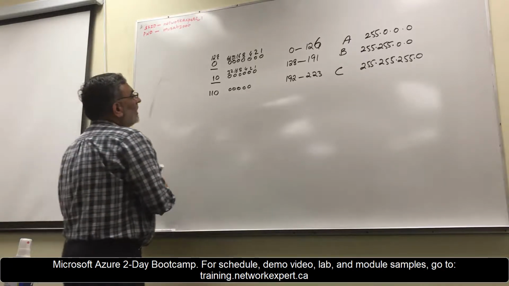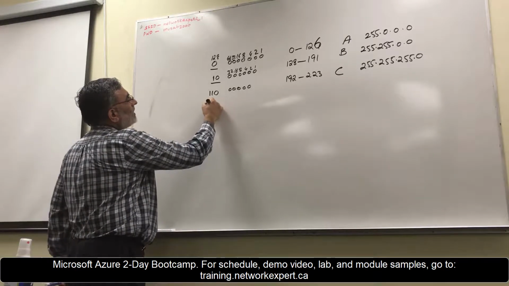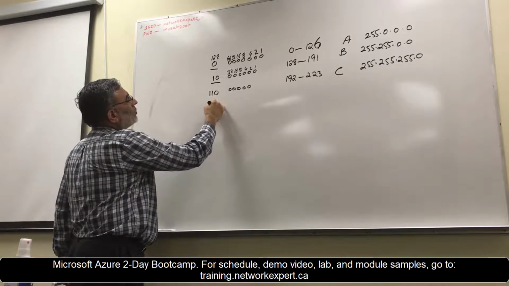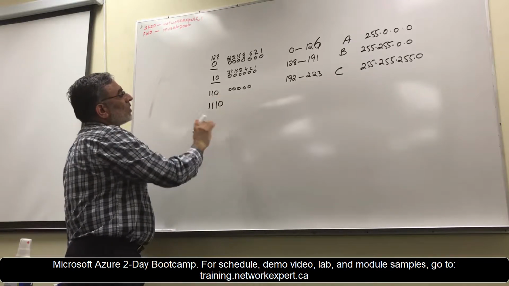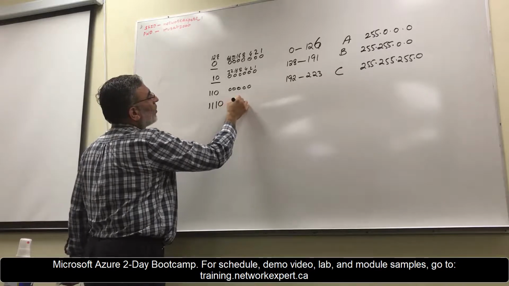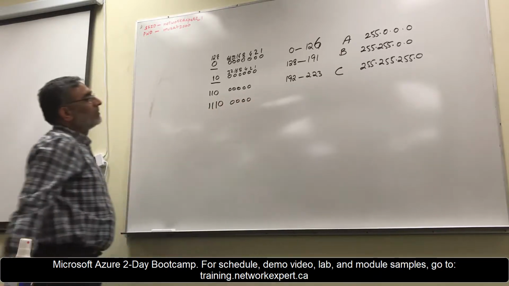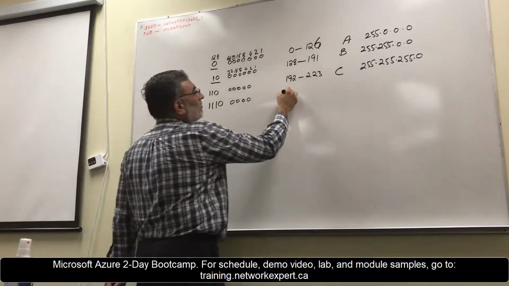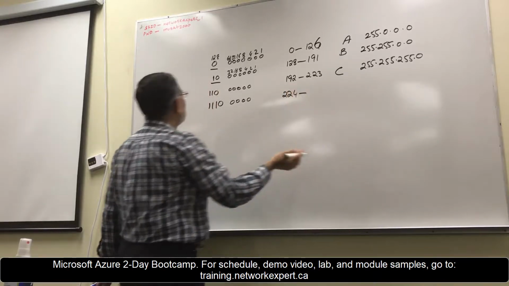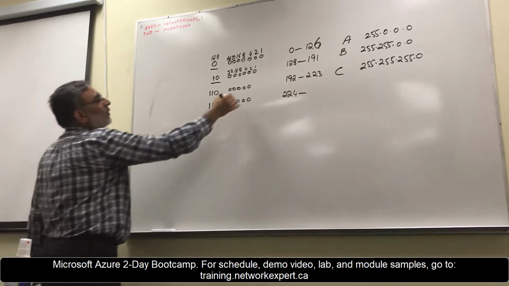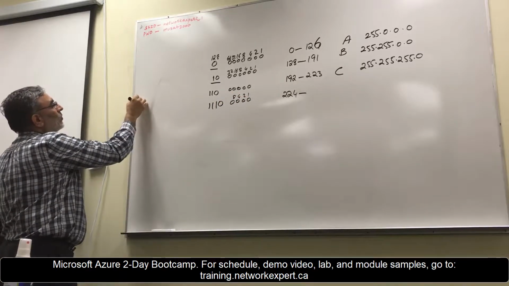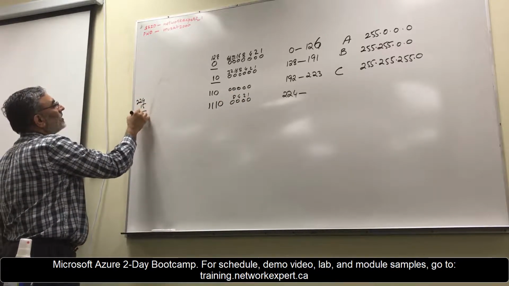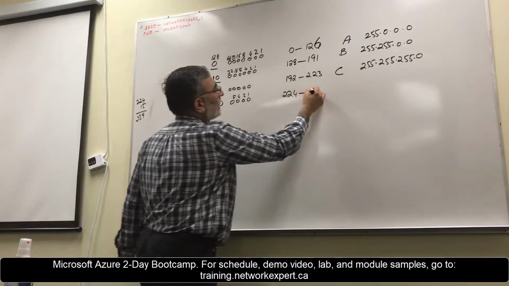So for D class, the first 3 bits are reserved as constant ones, and then 4 bits will be variable, okay? So that will go from 224 to 224 plus 15, which is 239, okay?